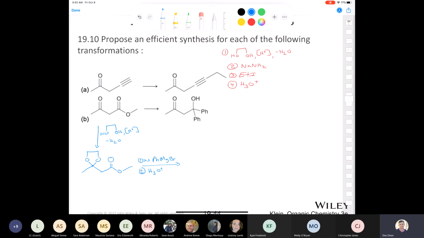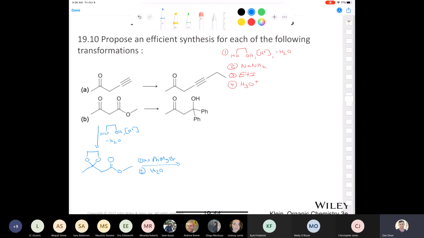H3O plus. Now, I just want to point something out. If you're a real stickler about what we learned in chapter 12, whenever we did a Grignard in chapter 12, I didn't use hydronium. I always said water. Well, in the next edition of Klein's textbook, which is coming out next fall, instead of putting water as the second step in a Grignard reaction, he puts H3O plus. Correct, because you do need an acid.